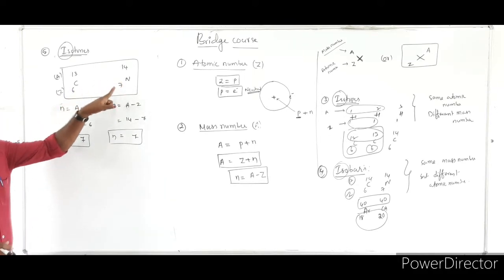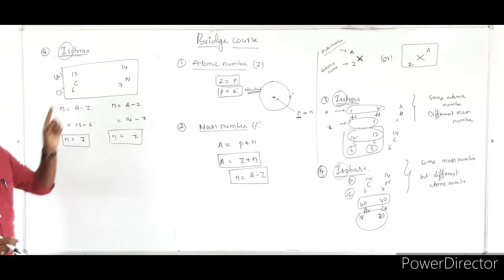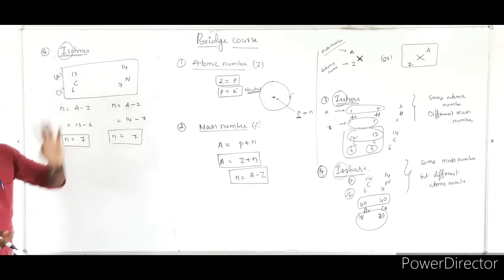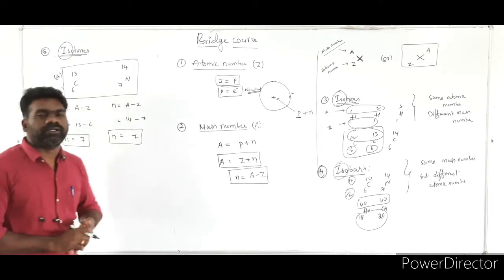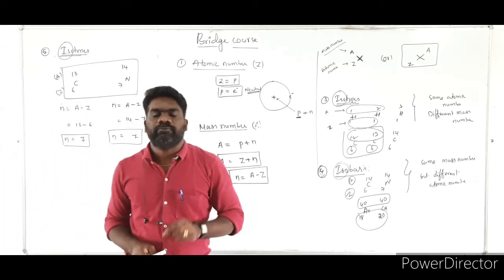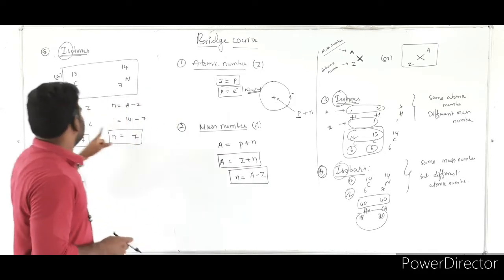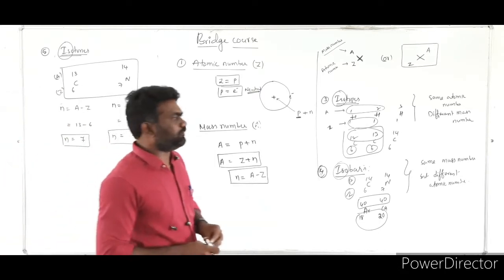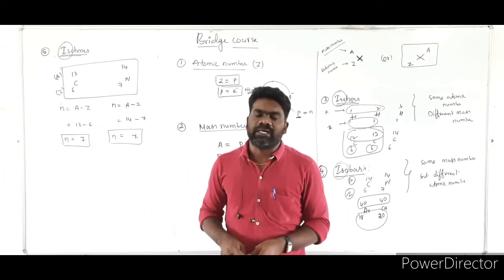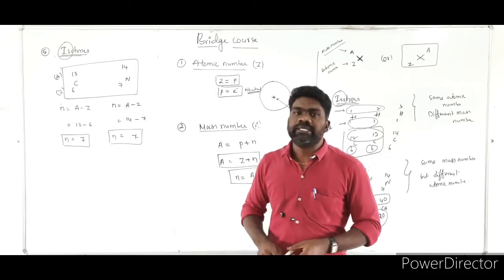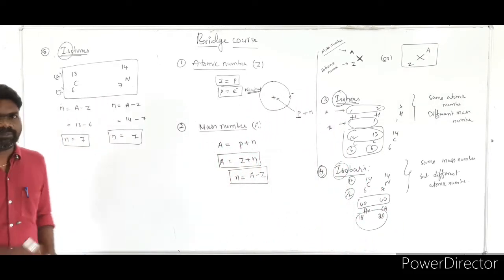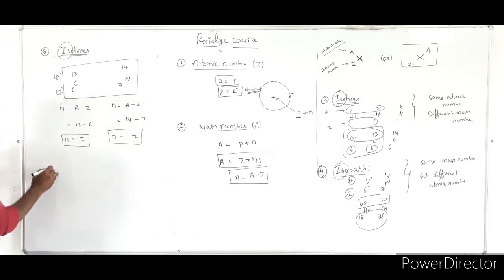Atomic numbers are 6 and 7, which are different. Mass numbers 13 and 14 are also different. But what is the same here? The number of neutrons. Atoms with the same number of neutrons but different atomic number and mass number are called isotones.